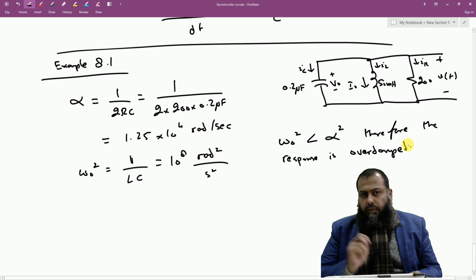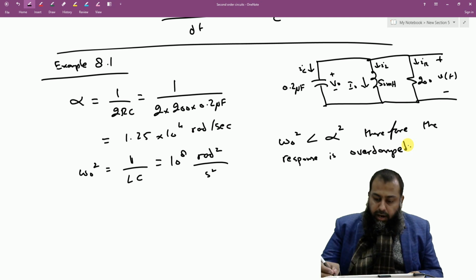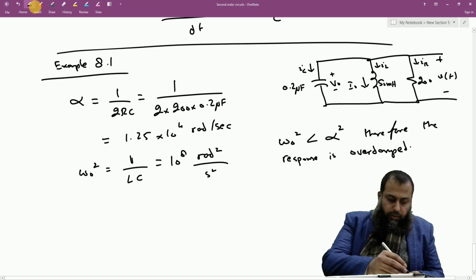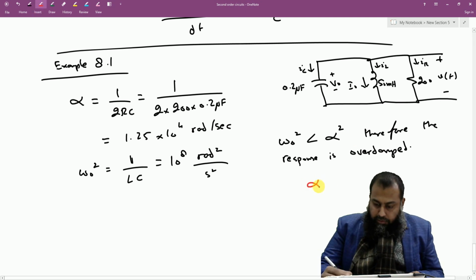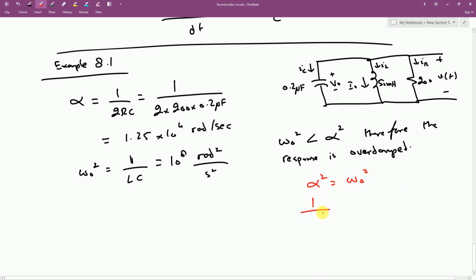If it is required to find the value of the circuit parameters to create a critically damped response, then we need to equate alpha square equal to omega naught square, and using the value of alpha, which is 1 over 2RC, that should be equal to 1 over LC, and from that we vary the value of this resistance R to create a critically damped response.